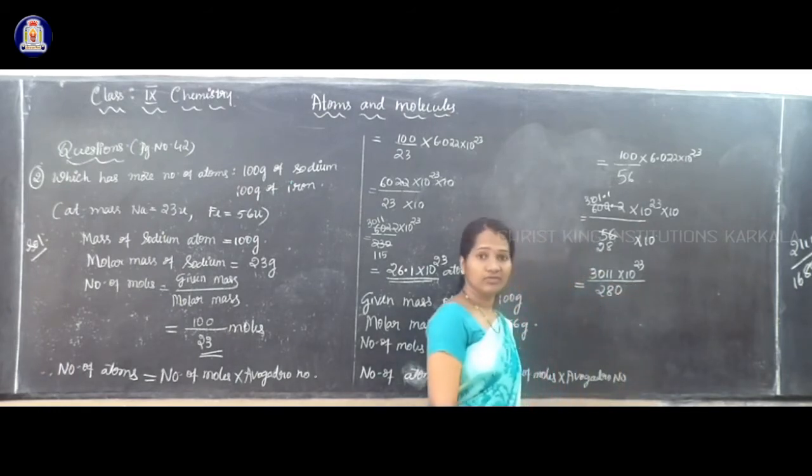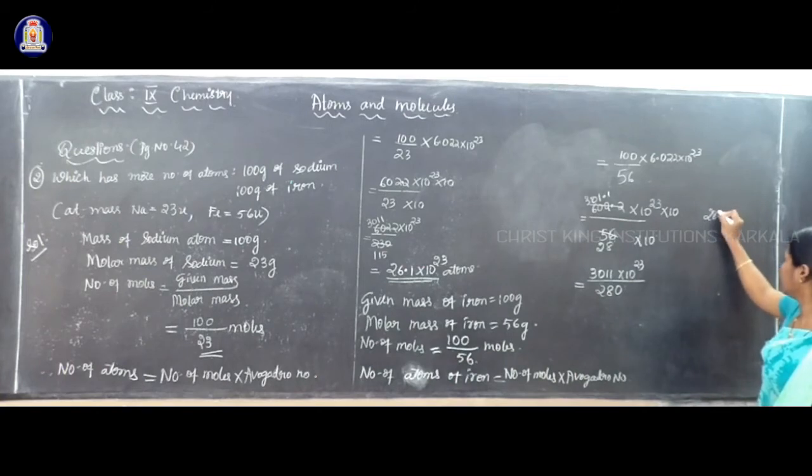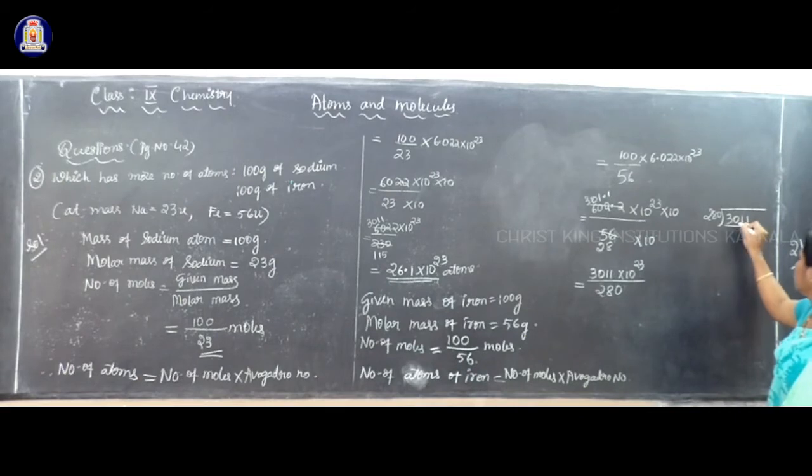Now divide using the long division method, 280 into 3011, 3 places, 1s are 280. 1 minus 0, 1; 10 minus 8, 2; 21, bring this one down, 211.